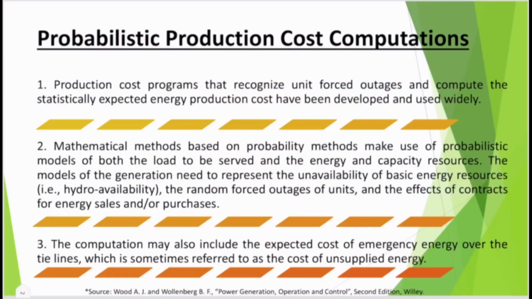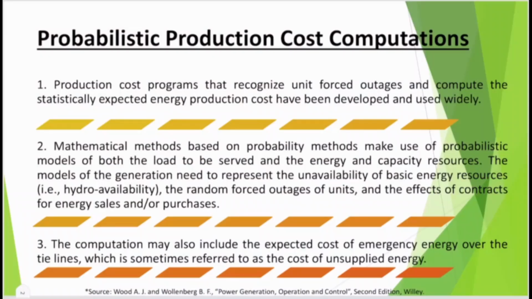The computation may also include the expected cost of emergency energy over the tie lines, which is sometimes referred to as the cost of unsupplied energy. Let's say two areas are connected through a tie line, and if the load is more than my generation, then we extract some power from the other area through the tie line.